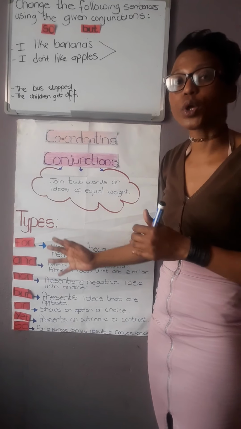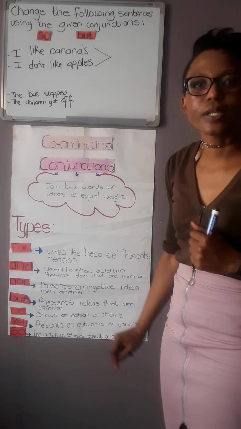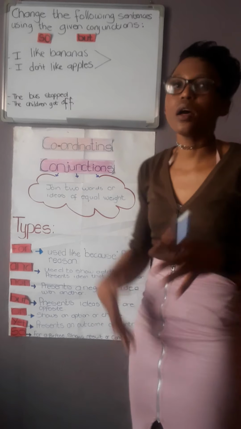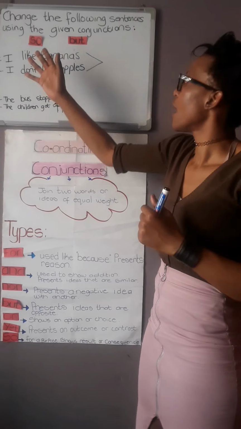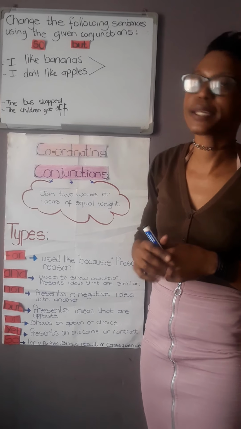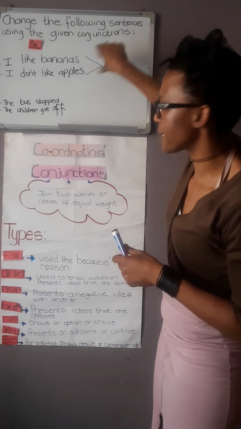We look at our coordinating conjunction chart and then we look at "but" and its functionality. So here we see that "but" presents ideas that are opposite, as we've established earlier that these two sentences are opposite. So the correct conjunction used here is "but".